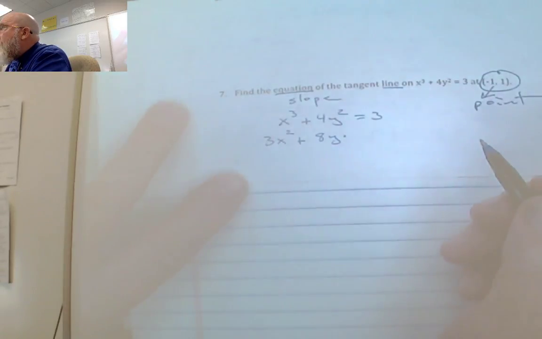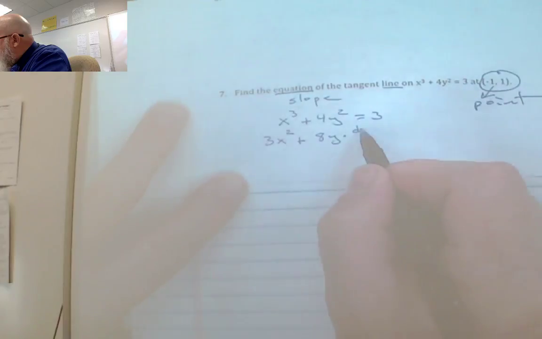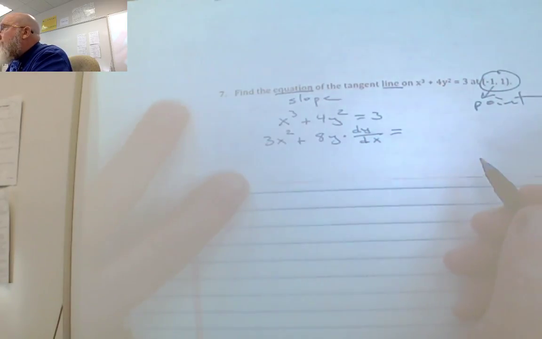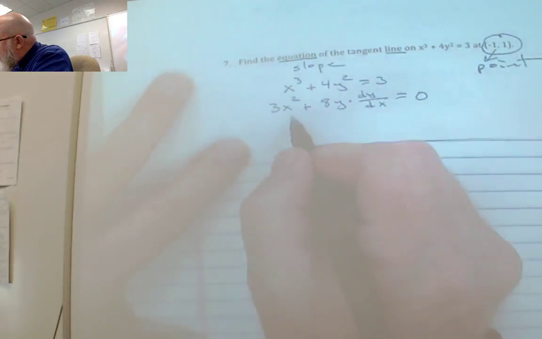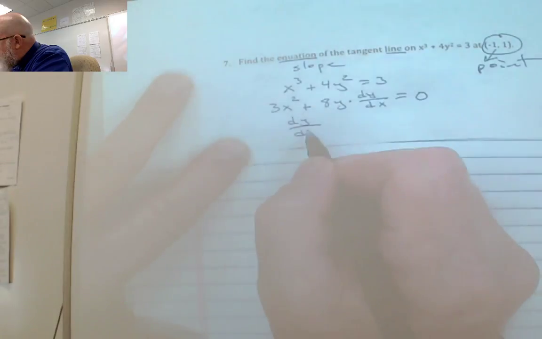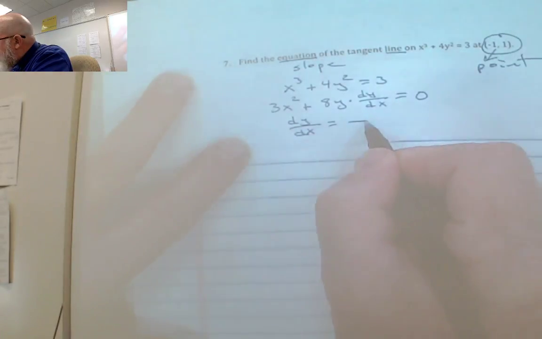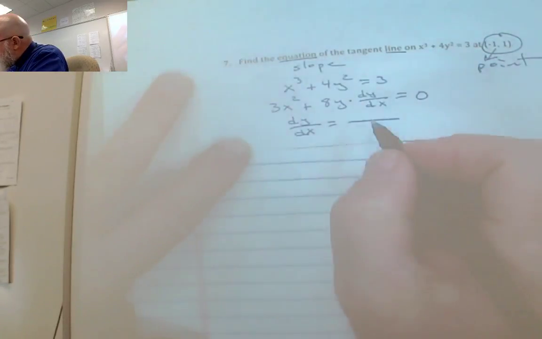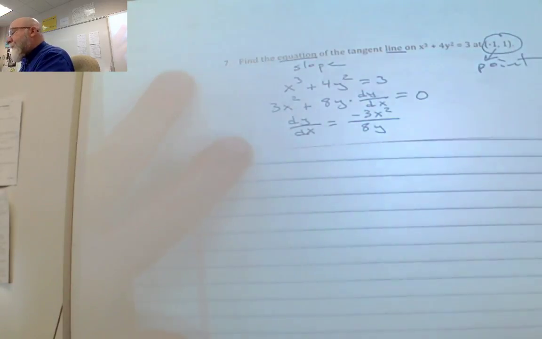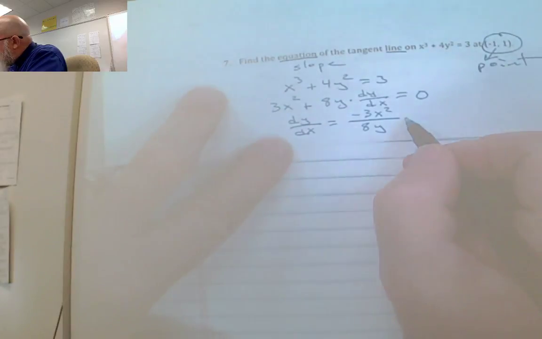Times dy over dx equals what? 0. So in your head, move it. What's my formula that gives me my tangent line? Perfect.